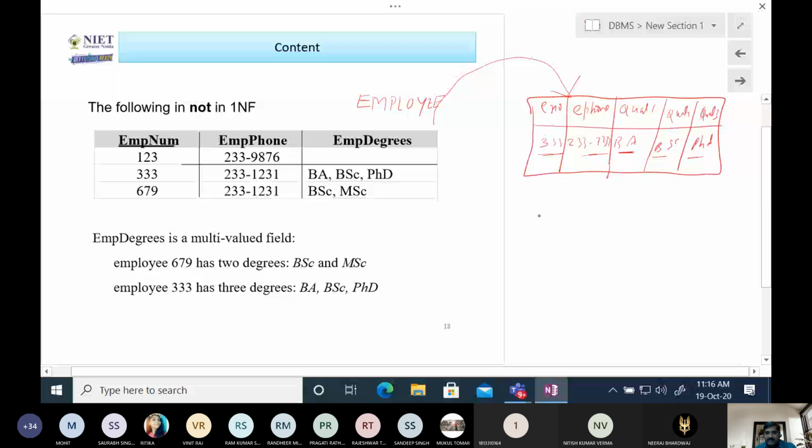And the second method is, in this way we can also convert this unnormalized relation into a normal relation.